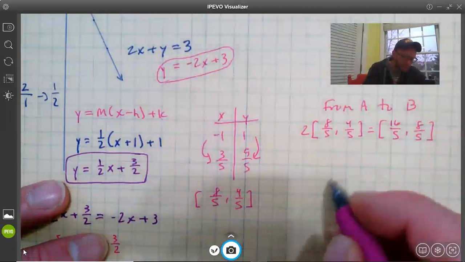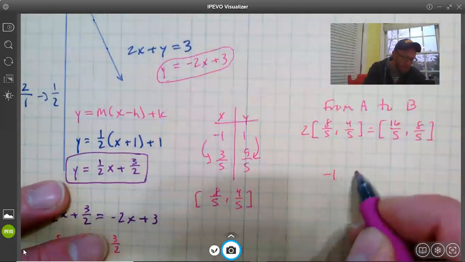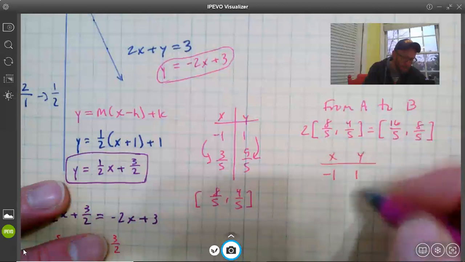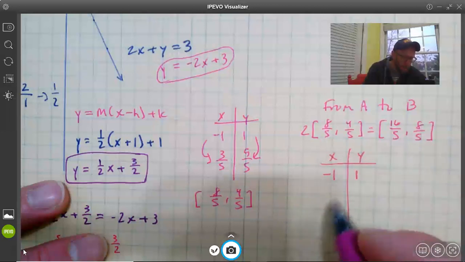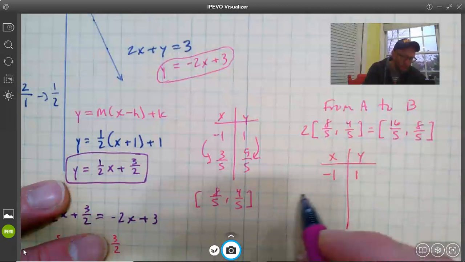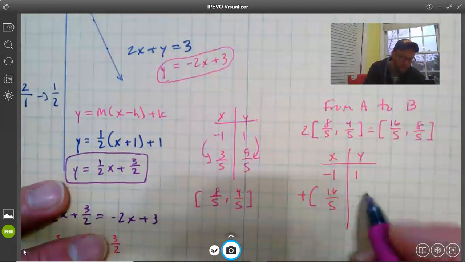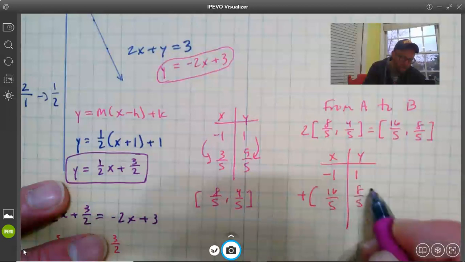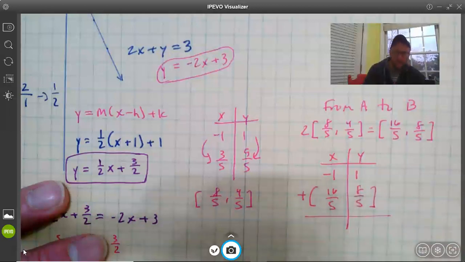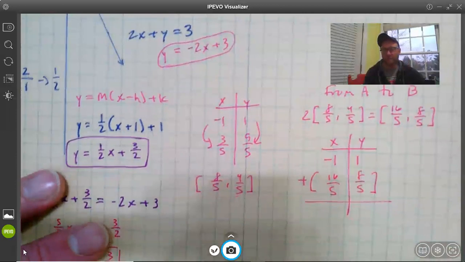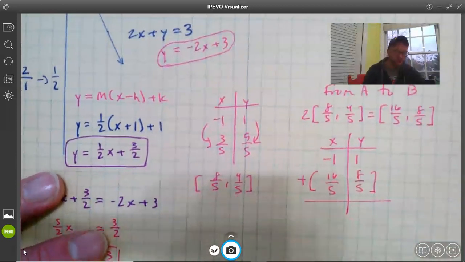So we start at point A, and we've got the point (-1, 1), and we are going to add (16/5, 8/5). This notation here isn't anything super standard, I'm just trying to make it make sense here.